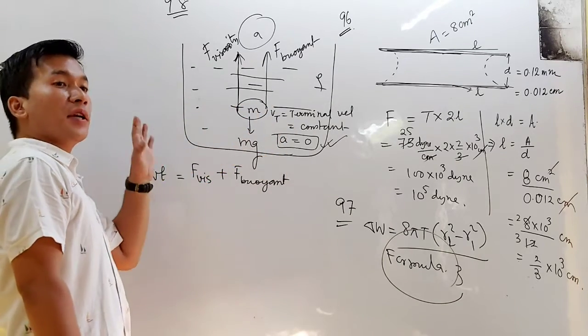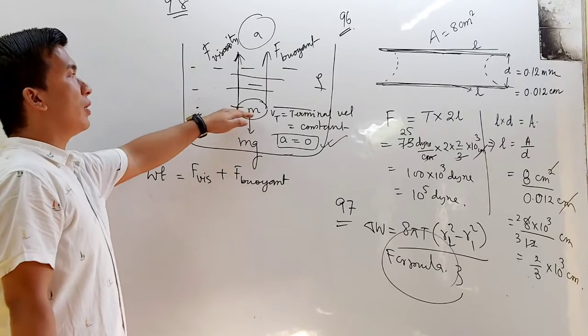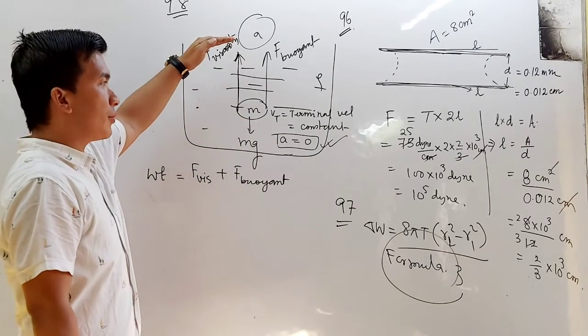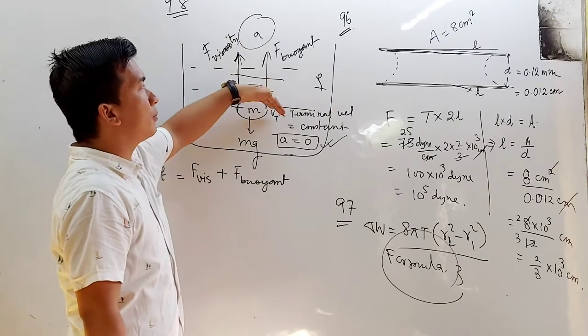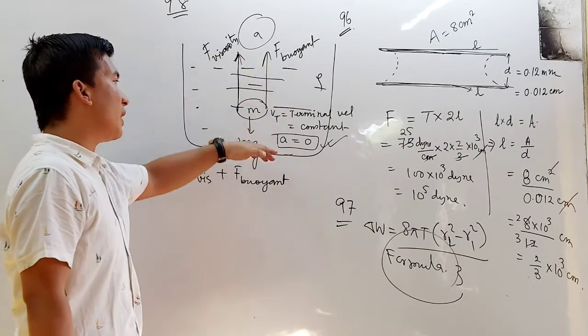So we take the concept of equilibrium, with upward equal to downward. The upward forces are the viscous force and buoyant force, and these will neutralize the weight.